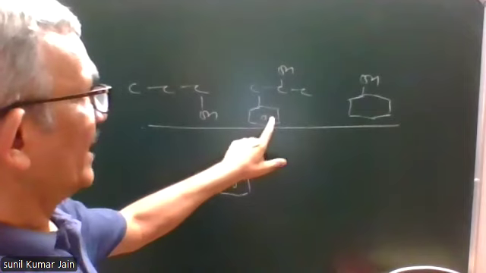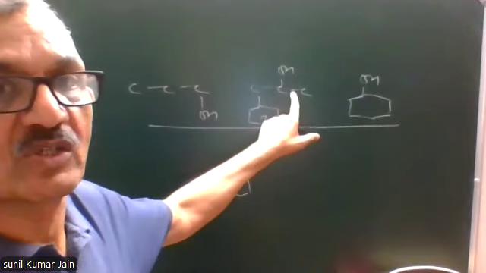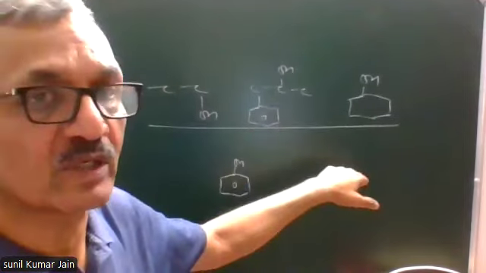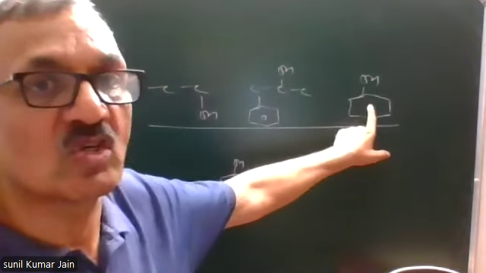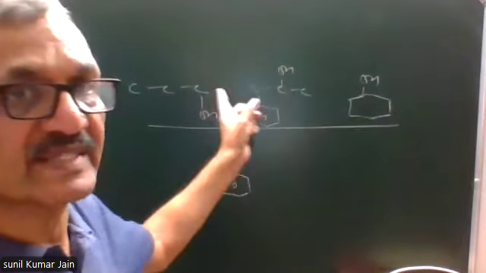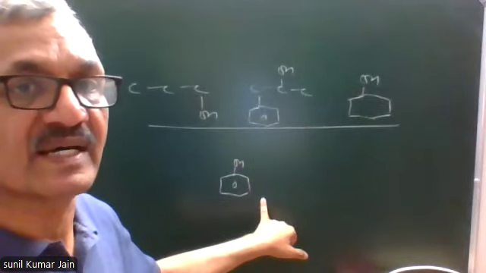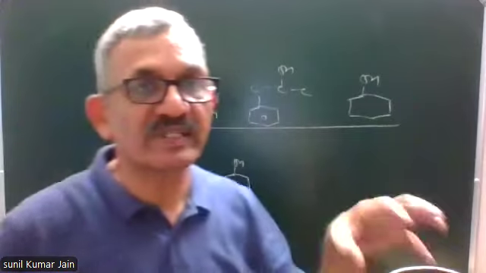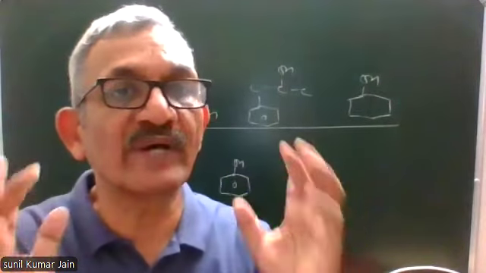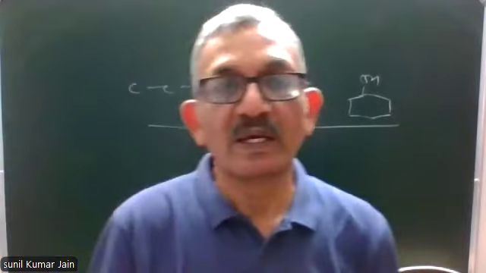Open chain; aromatic ring is present, but OH is not attached directly to the aromatic ring. This ring is non-aromatic. So the first three examples are alcohols. The last example is a phenol because OH is directly bonded to the carbon atom of the aromatic ring.